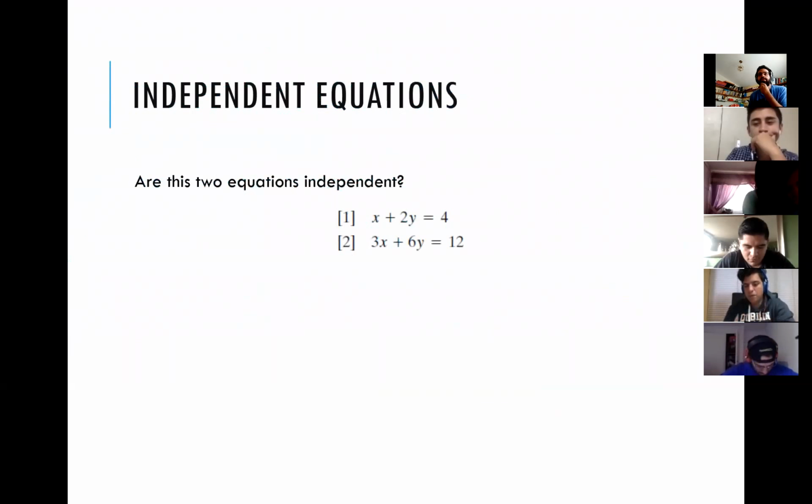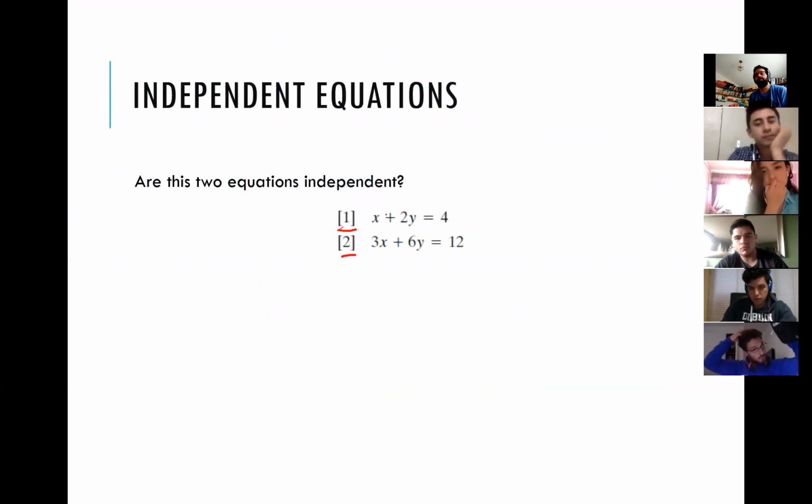Okay, so the first thing to know is what is an independent equation. For example, we have here two different equations, right? Number one and number two. So are these two equations independent? Is there any mathematical operation that we can do to one of them to have the other one?